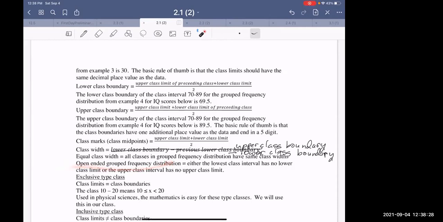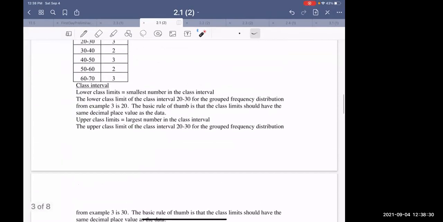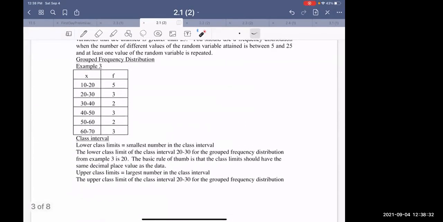And open-ended. Sometimes you see the following, where it says 60 or greater. So maybe there are 3 numbers that are 60 or more. Or you could see it on the other side, where it says 20 or less.